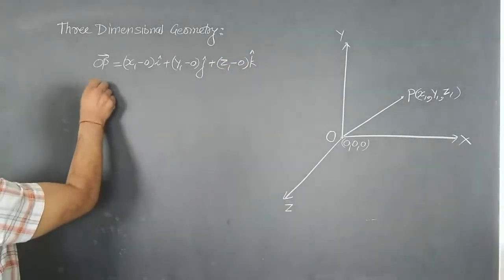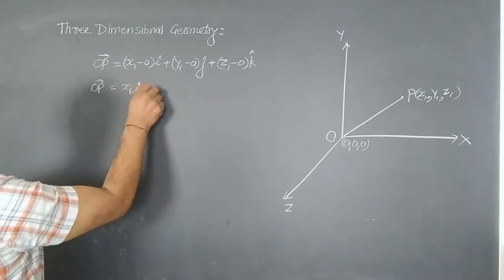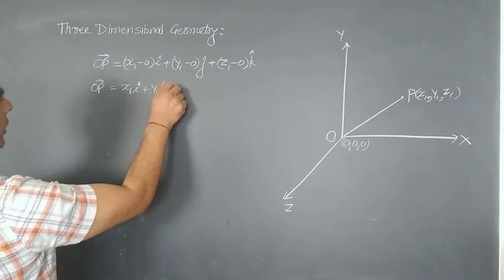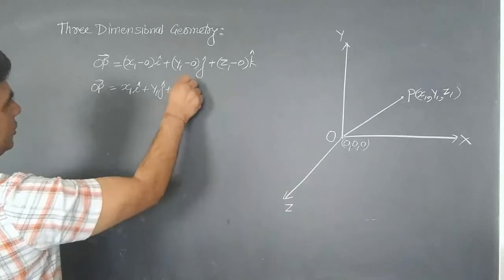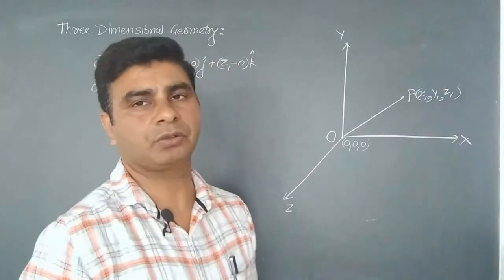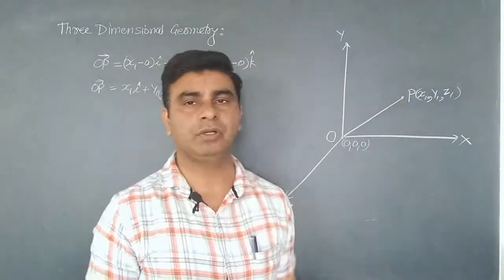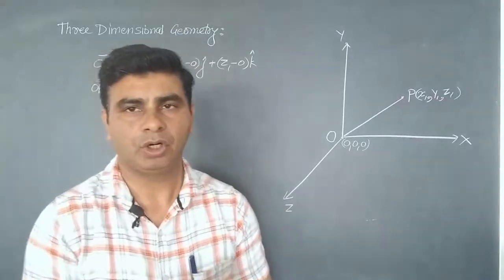Or simply this can be written as OP equal to x1 i cap plus y1 j cap plus z1 k cap. This is already discussed in chapter number 10, how we form a vector passing through 2 points, where O is known as the initial point and P is known as the terminal point of the vector OP.